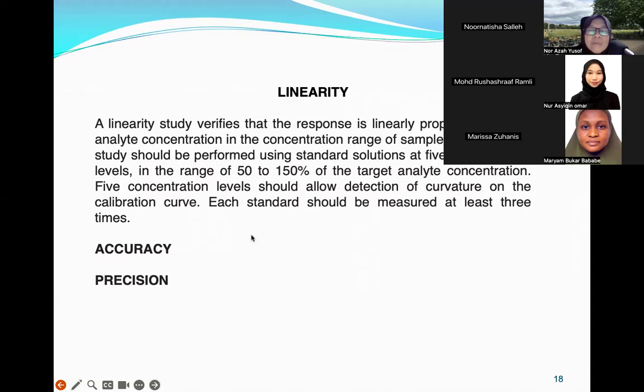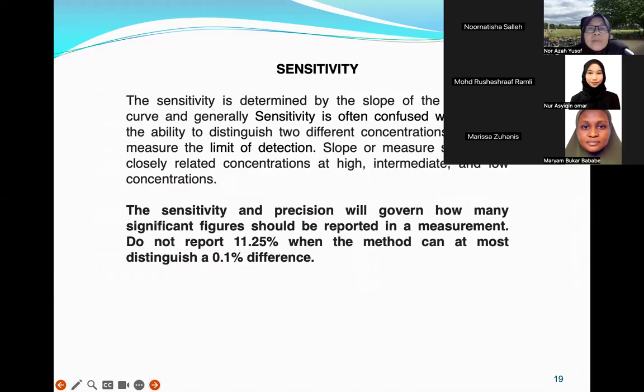Just now I gave the example of plumbum, so I need to construct a calibration plot using, let's say, atomic absorption spectroscopy. I need to know the linear range. Linear means that it is proportional. Again, we will learn about the calibration plot. So that is linearity, very important if you want to do quantitative analysis.